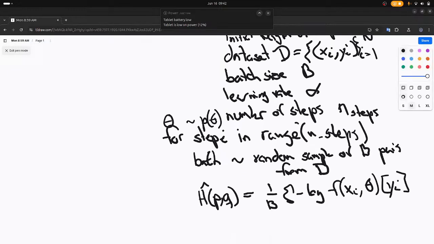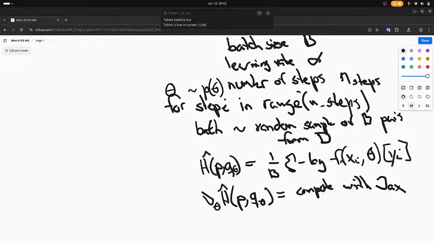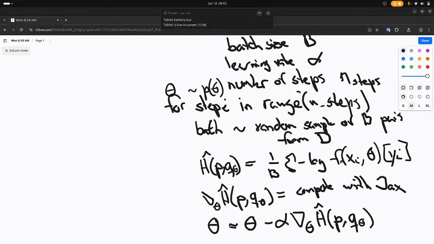And once I have this, then grad theta H hat PQ is equal to, just compute with Jax, and then I say theta is equal to theta as it was minus some alpha times the estimated gradient of the cross entropy, and then I continue.